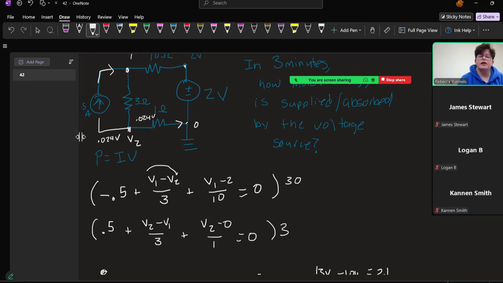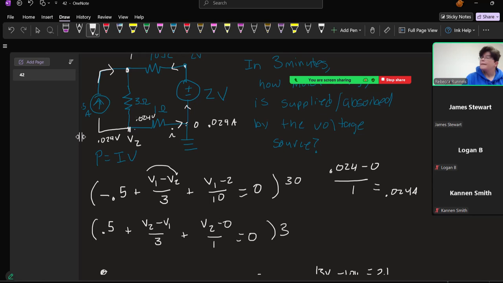So I know I've got current going this direction here that I can call I, and the current from here to here has to be 0.024 minus 0 over 1, which is 0.024 amps. So my current is 0.024 amps, and that's on that line after the 1 ohm resistor.